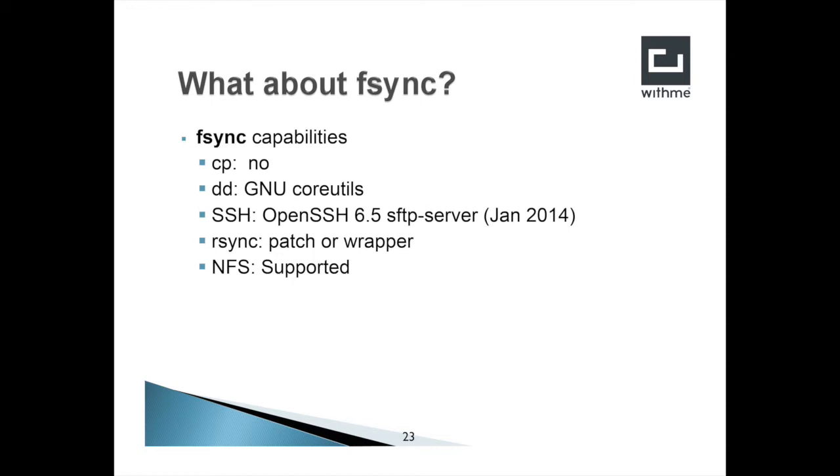If you are using rsync, you can write a patch or a wrapper to use the fsync utility, but most people are not using it. So in theory, most of the replication we have is asynchronous, broken replication or something like that. But if you are using NFS, then it's supported, because NFS supports fsync. So it's written on one system, it's there on the other system.